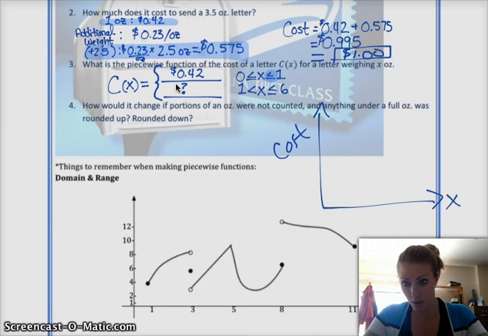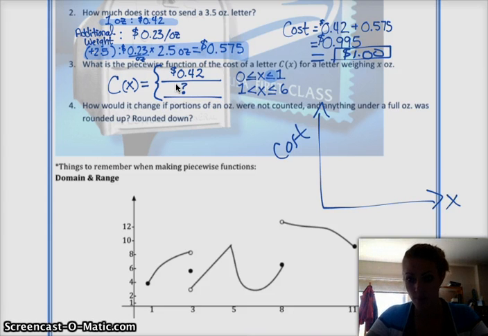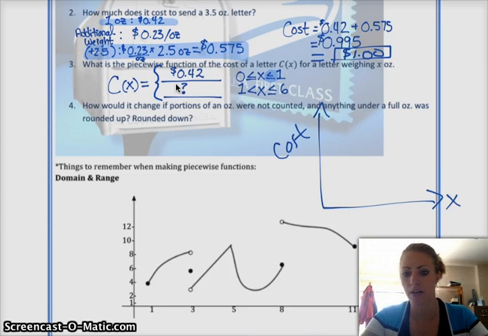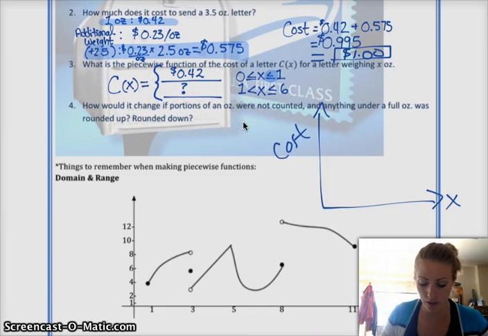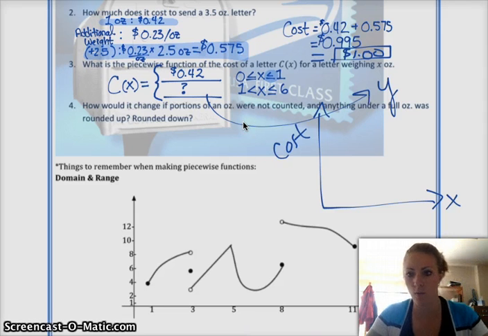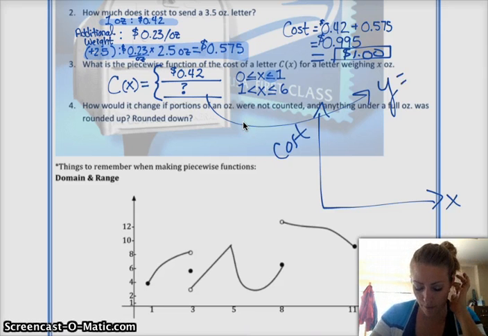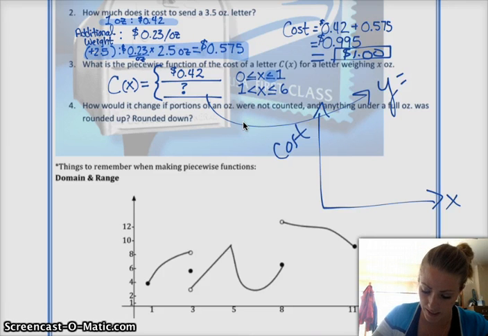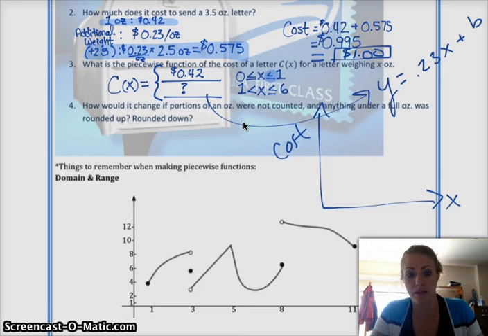So that means my slope is 23 cents per ounce. So I have y equals my slope, which is 23 cents, times the weight, plus the y-intercept, which we don't know, and that's something we do need to figure out.